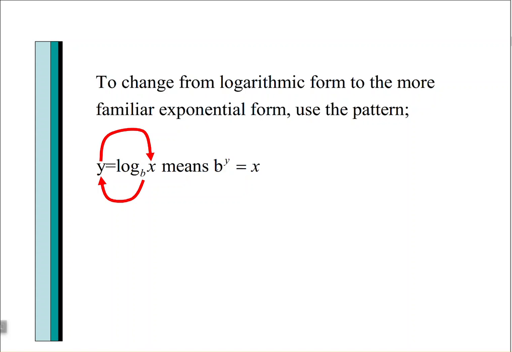If we have y equals log base b of x, that means b raised to the power of y equals x. The base remains the base, so the base of the logarithmic function is the base of the exponential function. And then the y and the x swap sides. The y becomes the exponent and it's equal to x.